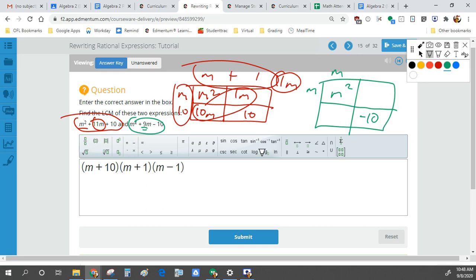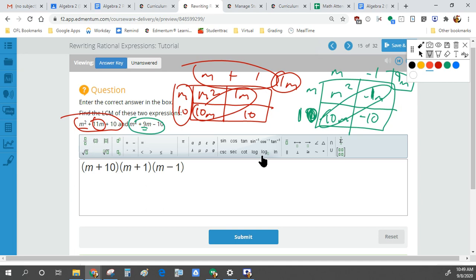I'm going to change this into positive 10 times negative 1. I was already trying to get this 9m here. So this will give me 10m minus 1m, or just m if you guys prefer. If you subtract this out, you get this 9m.